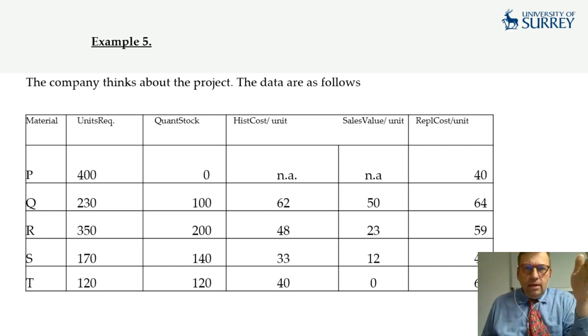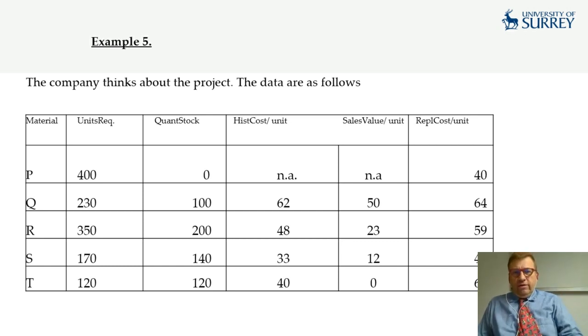Now, we have our inventory, our stock in our company. So now we could see how many units we have in stock. We have 0 of P, 100 of Q, 200 of R, 140 of S, and 120 of T. I hope you follow me.